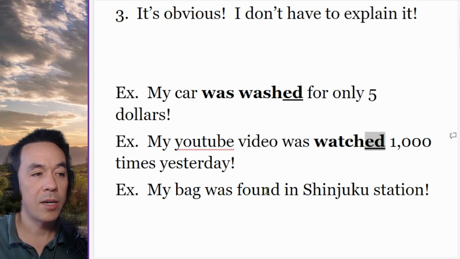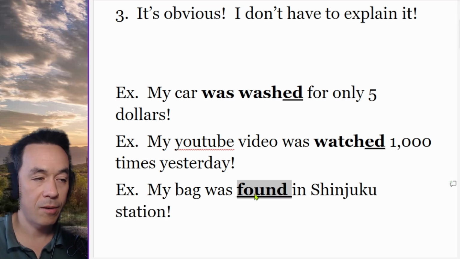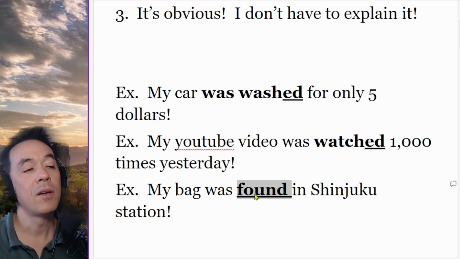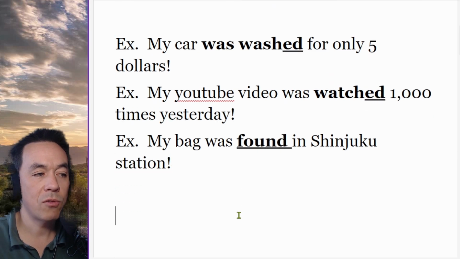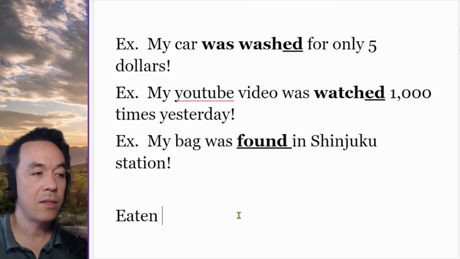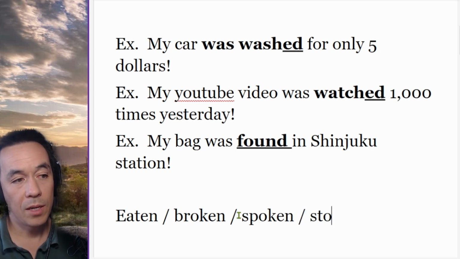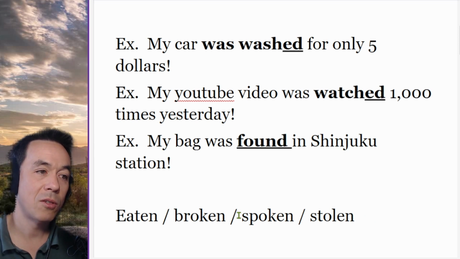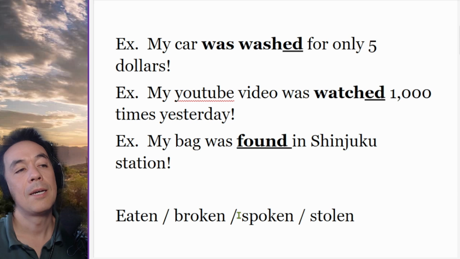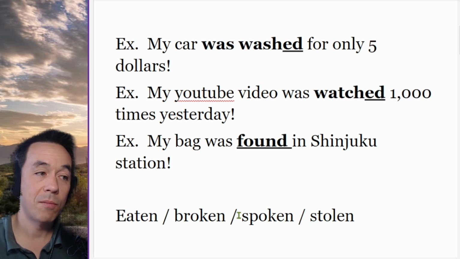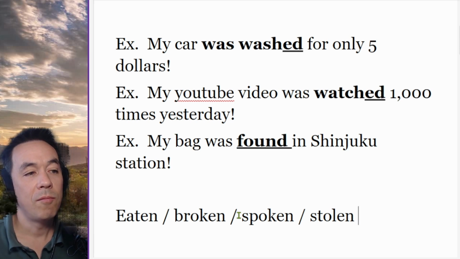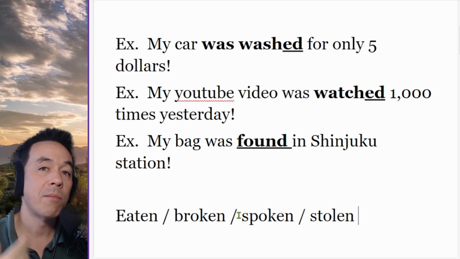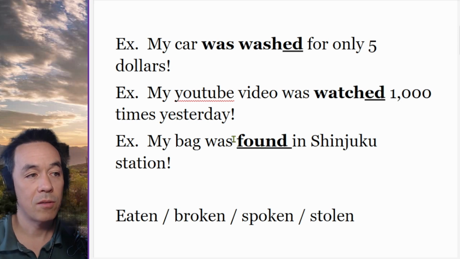And sometimes it's the same, I found, or it was found, the same verb, but you do have those strange ones like eaten, broken, spoken, stolen, that's an irregular one. So yes, it is troublesome to have to learn and remember those. You have to memorize those. But you just learn them by producing your own original sentences.